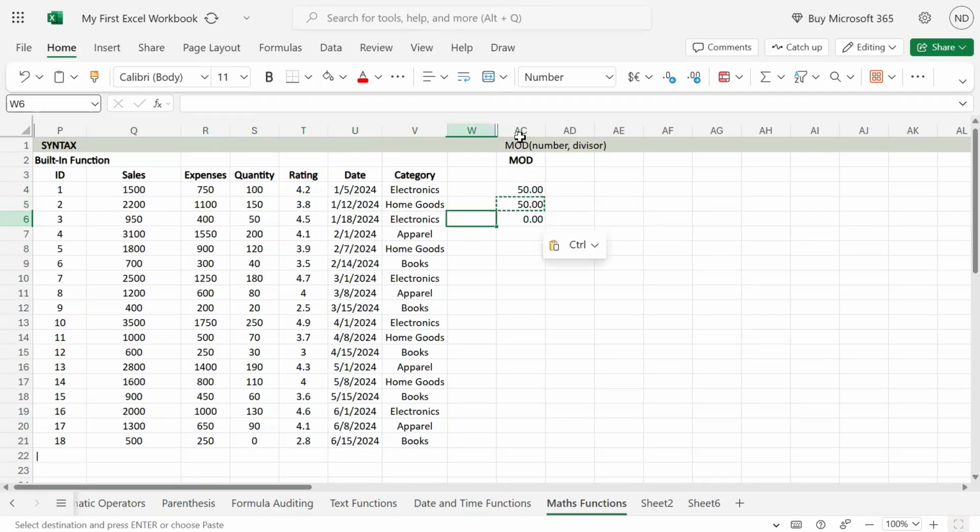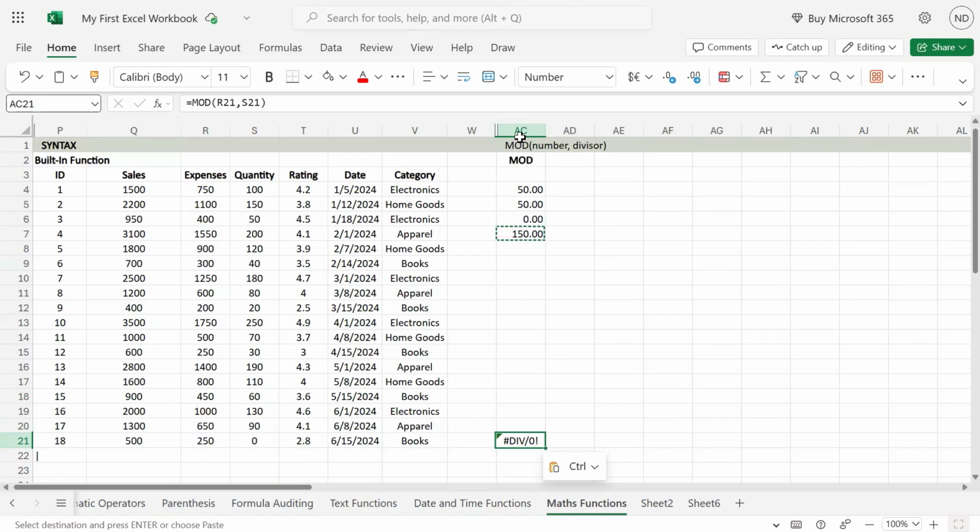Here the remainder is 0, because 400 can be directly divided by 50, so there would be no remainder. For 200, it should give me 150, because it's 50 short of 1600. Same way, if I try to divide 250 by 0, let's see what happens. It will give me a division error, because the divisor cannot be 0.